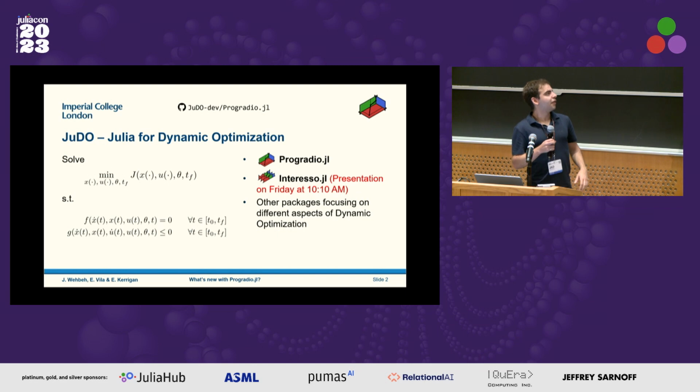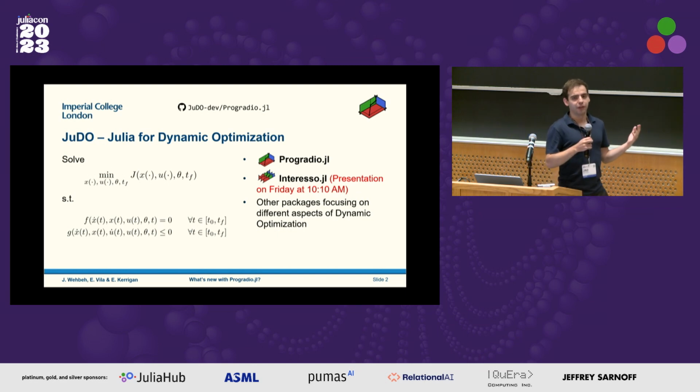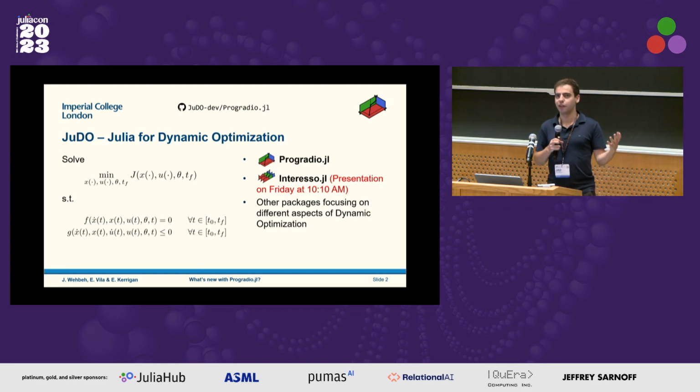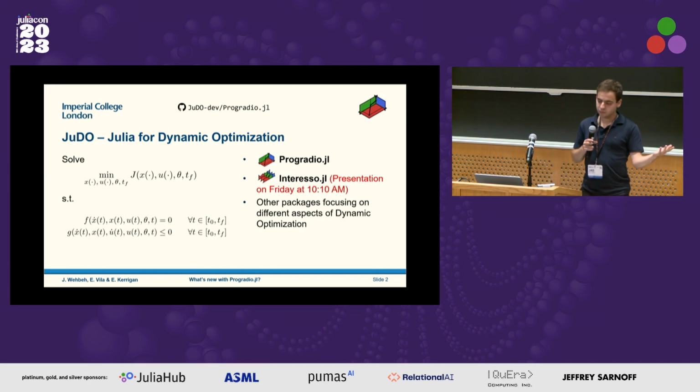So the reason we're interested in this is because our group does a lot of dynamic optimization, which is this kind of optimization problem where you're solving for functions that minimize an objective over time. So you're not just picking individual points, you're finding functions of time that will satisfy some objective, and then you can discretize these functions to find your solutions, and that gives you really high dimensional problems, which projected gradient optimization is good for.